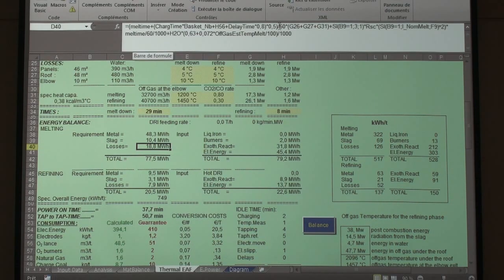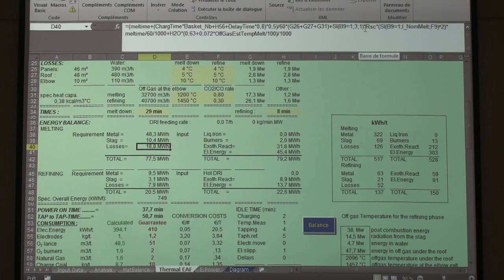So convert from minutes to hours, and then I consider all these energy losses. So 26 is the panels, roof, and gas. So this was the time-related losses.